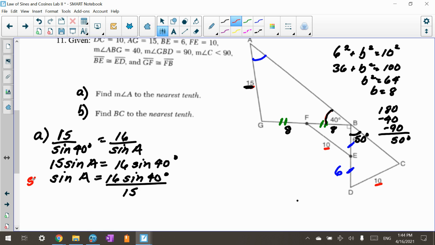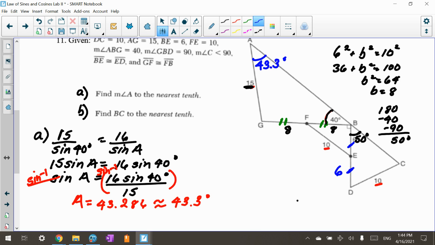You can literally just put that in your calculator. When you do, you get A to be 43.286. They said to the nearest tenth, so that's 43.3 degrees. I'm happy about that.